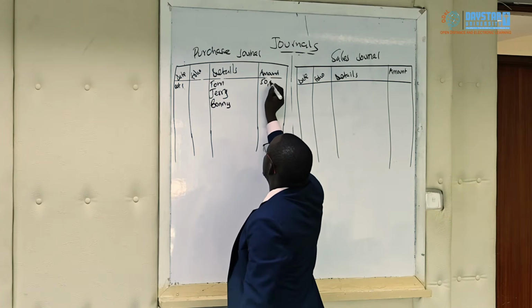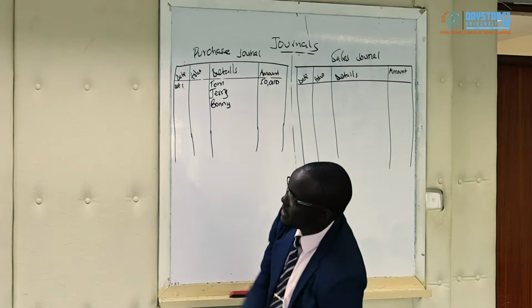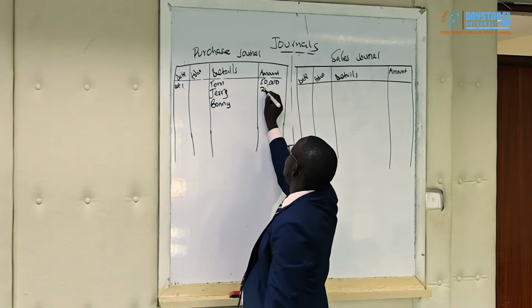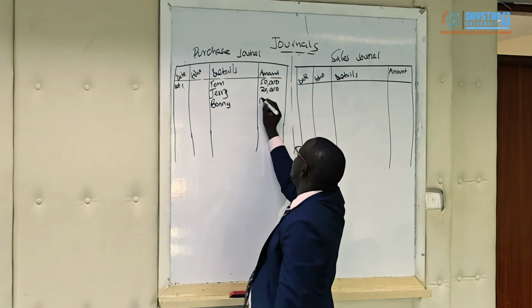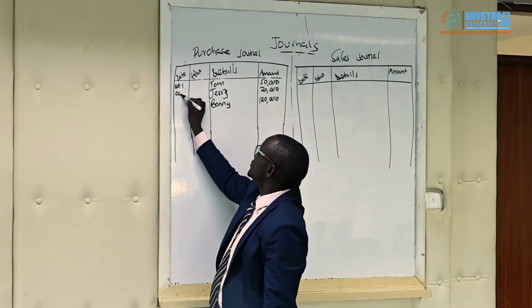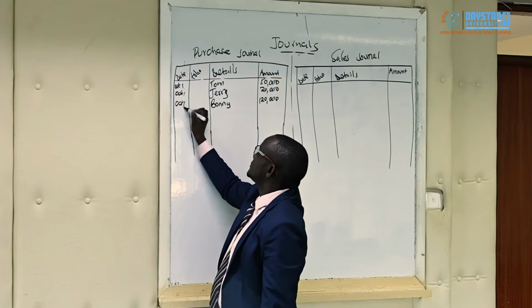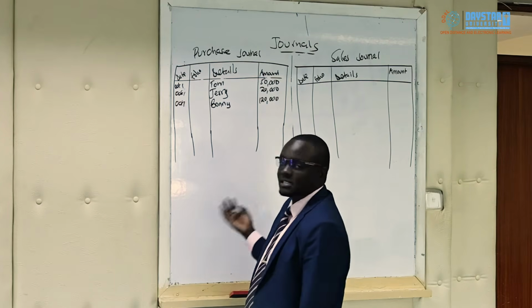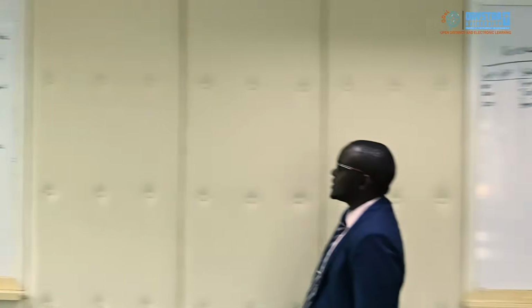Tom 50,000, Jerry is 20,000, Bonnie 120,000. This is October 1st. You just list all this. Let's go to the other transaction.